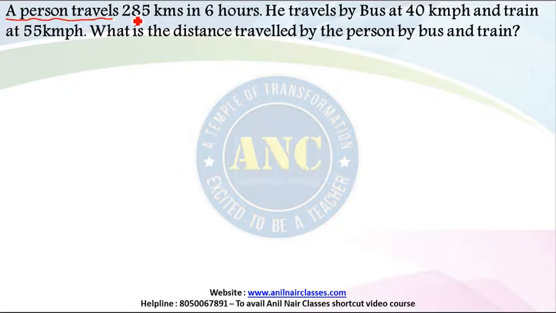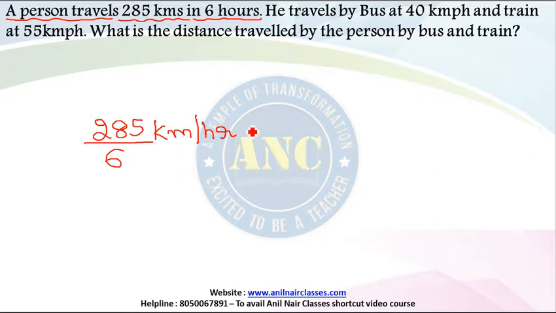A person travels 285 kilometers in 6 hours. That means average speed is nothing but total distance 285 divided by total time. Total distance divided by total time is average speed. So average speed in this question is 285 by 6 kilometers per hour.